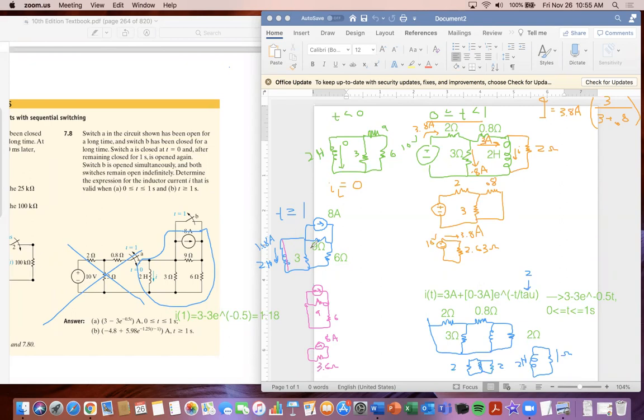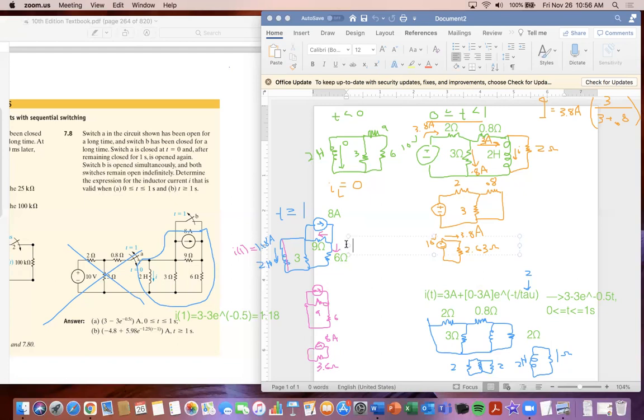Because this is the current initially at time 1, at time equals infinity we want to see how much the source provides to that inductor. If I'm doing current division here, we recall that to find the current going down here compared to the current going through here, I'm going to set up my equation.